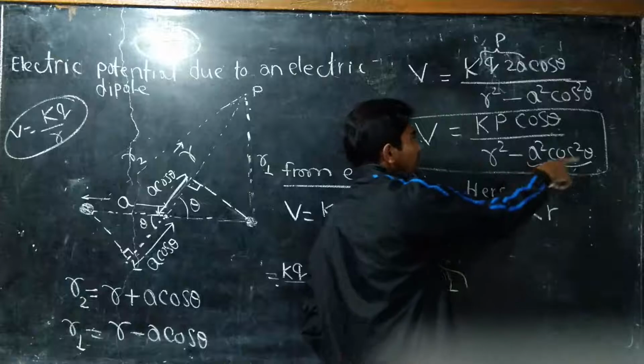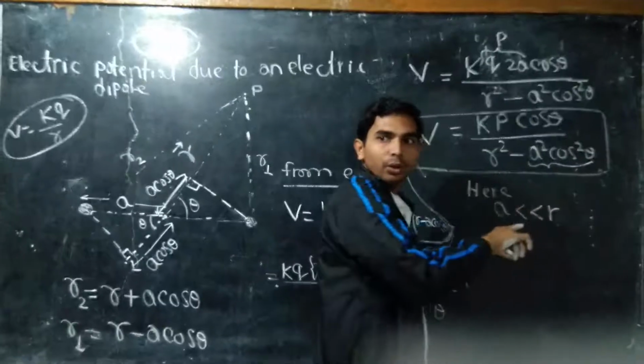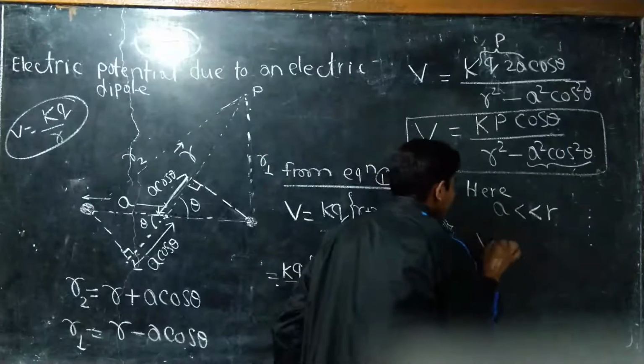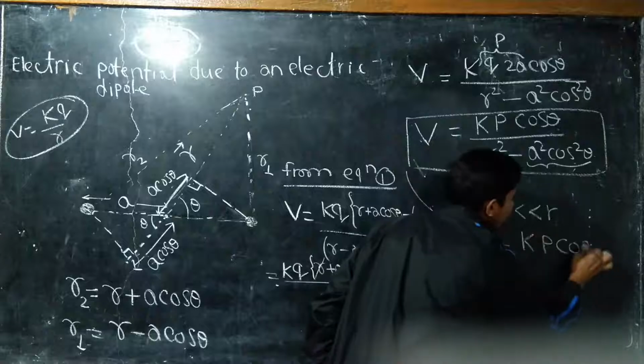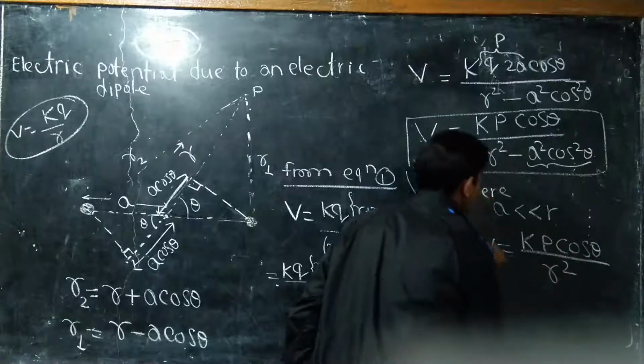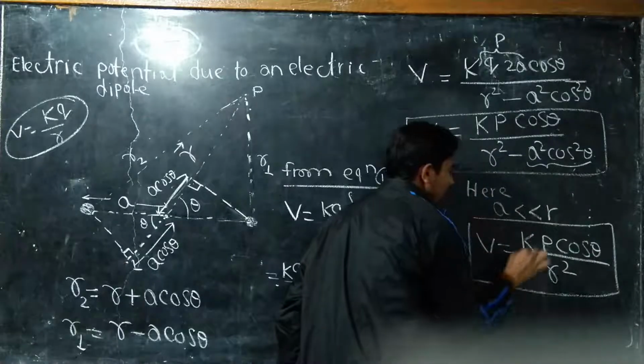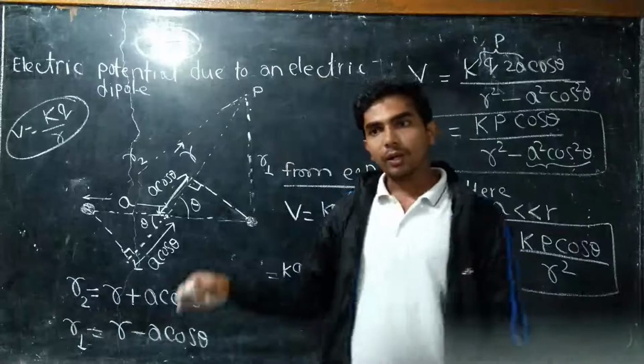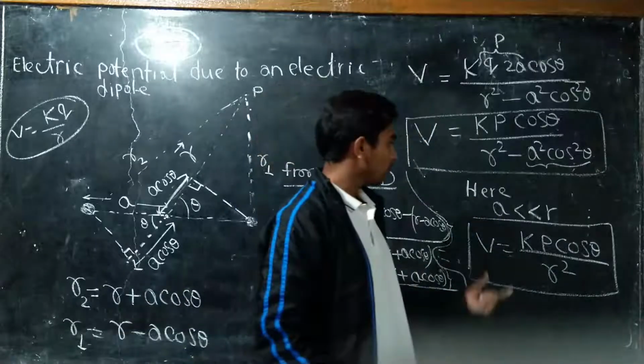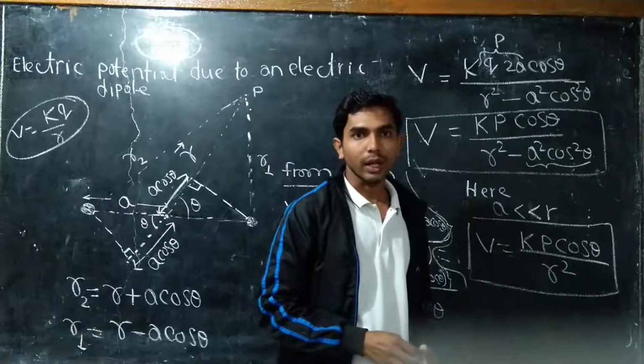So further we can write V is equal to Kp cos theta by R square. So this is your formula for potential due to an electric dipole, right?